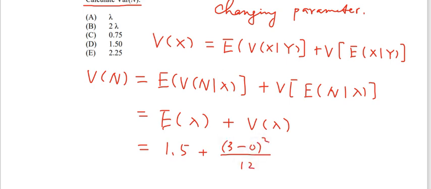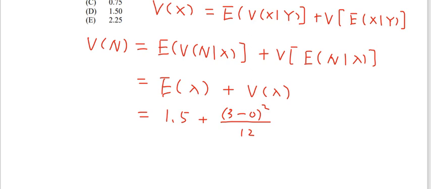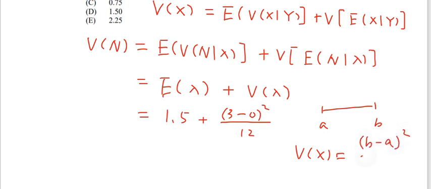So this thing you also should remember for the uniform distribution: let's say uniform between a and b, the variance equals b minus a squared over 12. So this equals 1.5 plus 9 over 12.